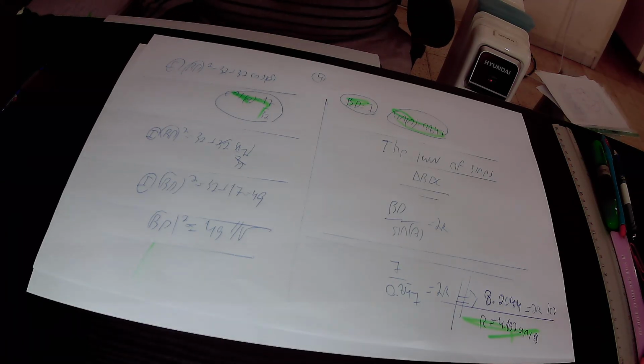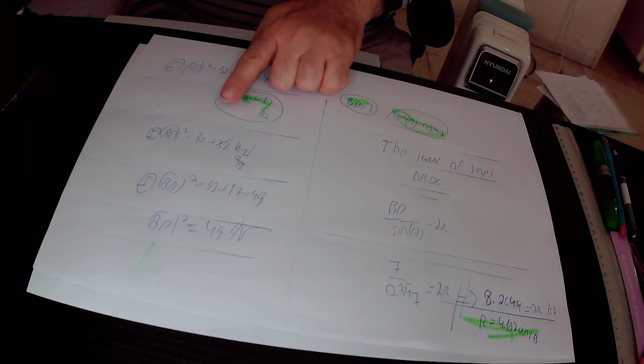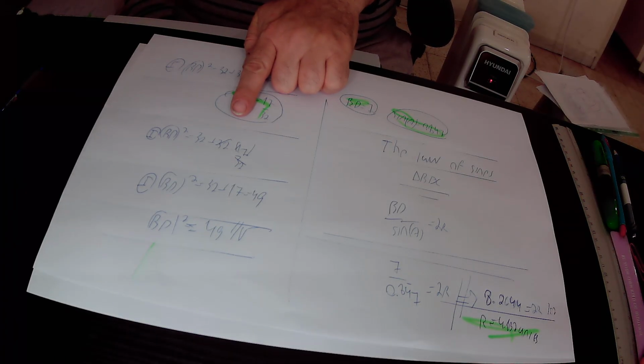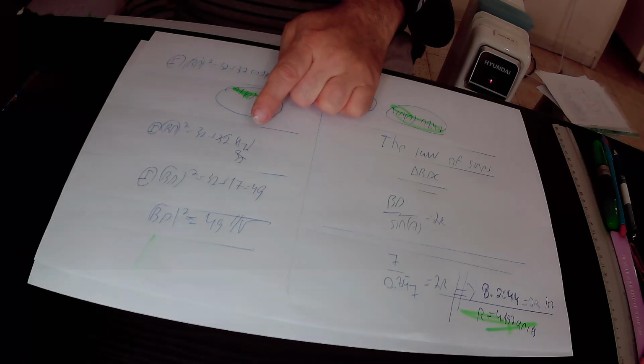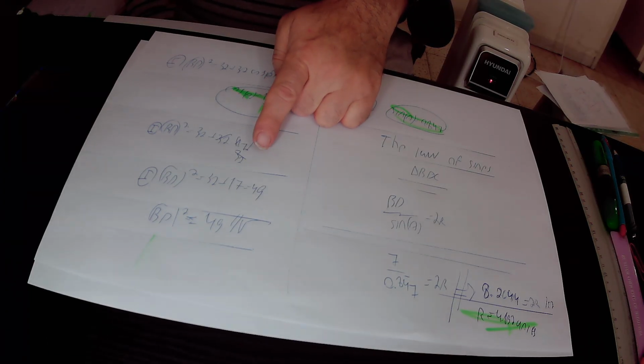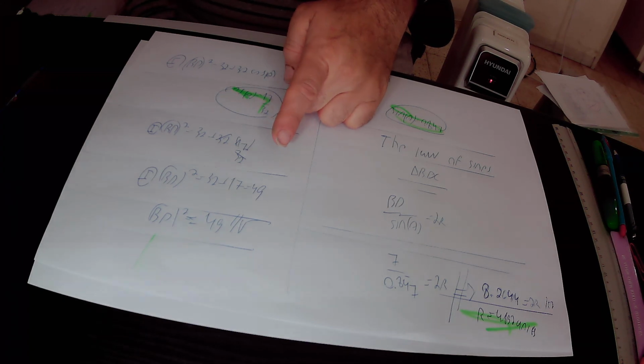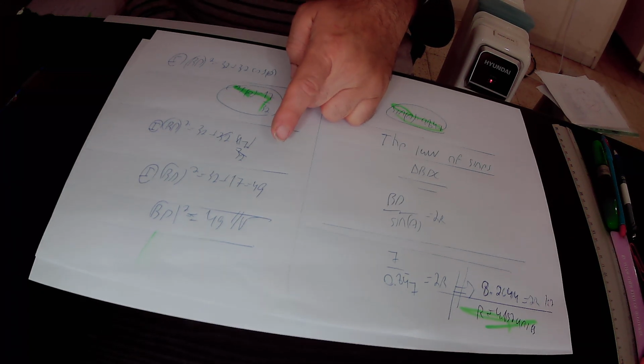So here we have BD square equals 32 plus 32 times 17 over 32. We have 32 in the numerator and 32 in the denominator, so the 32 gets cancelled, and we are left with only 17. So in total, BD square equals 32 plus 17, this is 49.